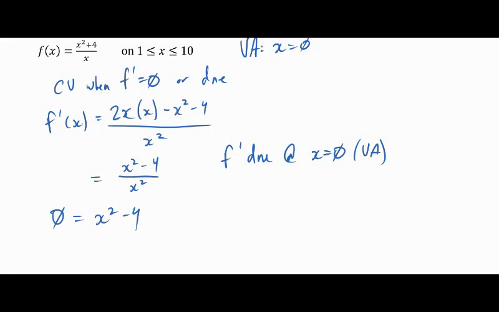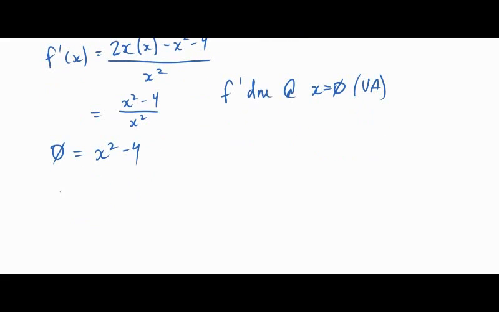Okay, so let's figure out where this thing equals 0. That's where the top is 0, which occurs at plus or minus 2.